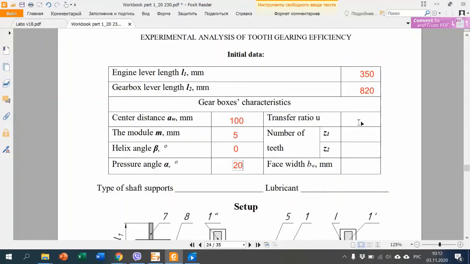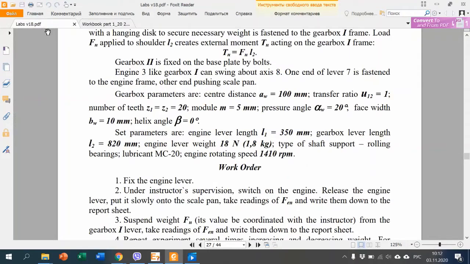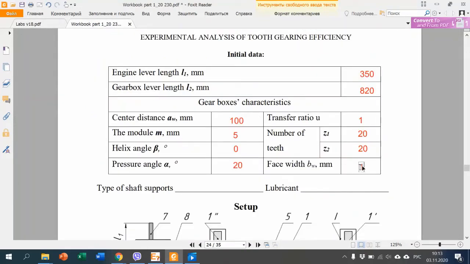Transfer ratio 1, Z1 20, Z2 20. Face width, if I remember correctly, BW 10 millimeters. Types of shaft supports: ball bearings.